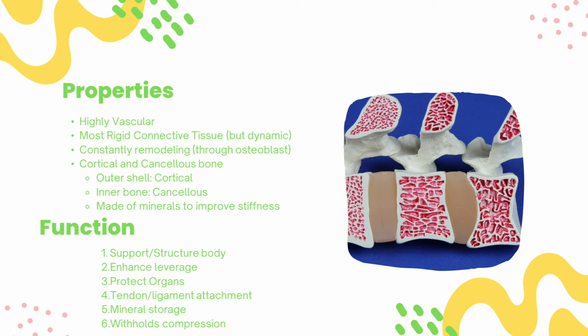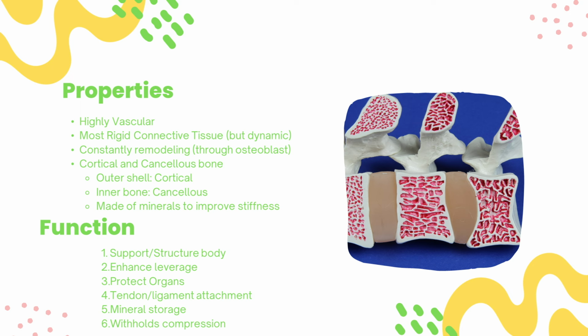Bones also enhance the leverage. So through the different lengths of the bone and how the muscles and tendons attach onto the bone, the muscles are able to produce more leverage for certain movements and certain processes for our function. And then the bones also protect the organs. When we look at our rib cage, all of our strong internal organs are pretty much protected by those ribs.